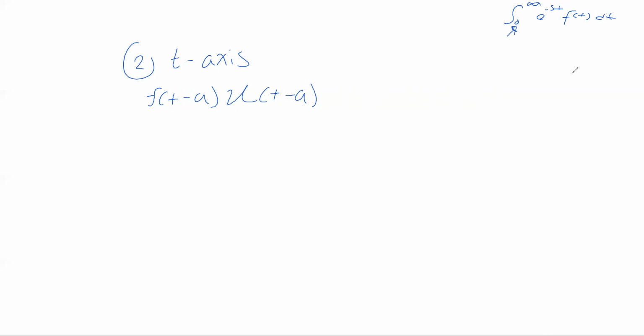When I take the Laplace, it's going to become F of s times e to the negative as, instead of f of t. So this is after my Laplace transformation. And then going backwards is the same idea.